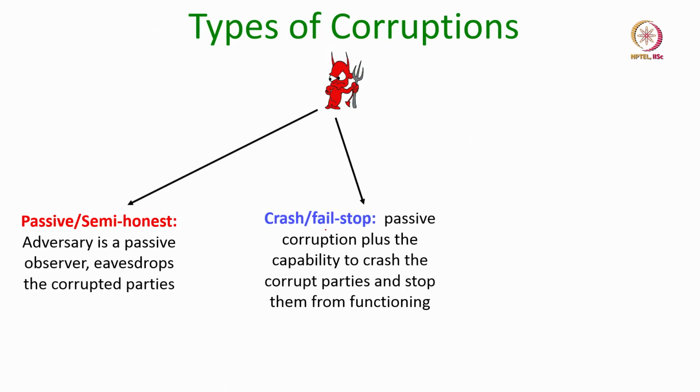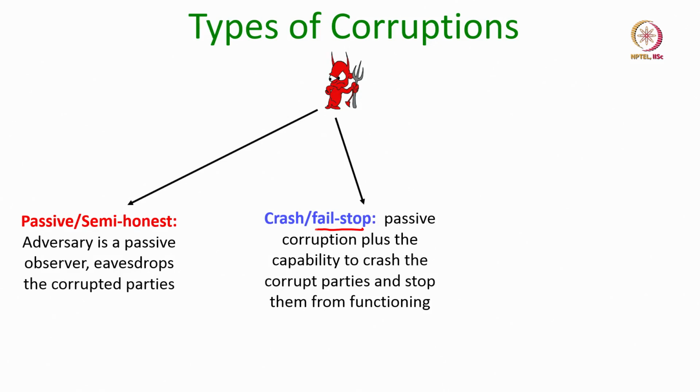A slightly more powerful form of corruption is the crash corruption or fail stop corruption, where the adversary has the capability to eavesdrop, plus it can cause the corrupt parties to stop functioning at any time during the protocol execution. And once an adversary stops a party from functioning, then from that point onward, for the rest of the protocol execution, the party will be completely inactive. It cannot suddenly become active after some time.